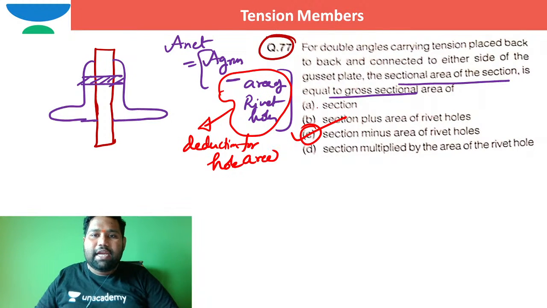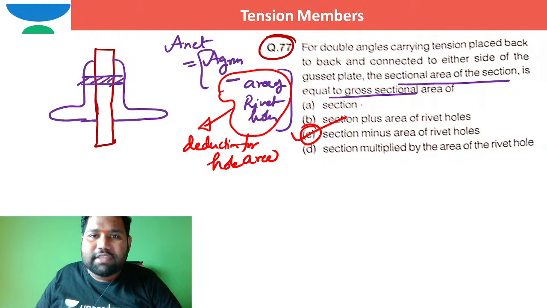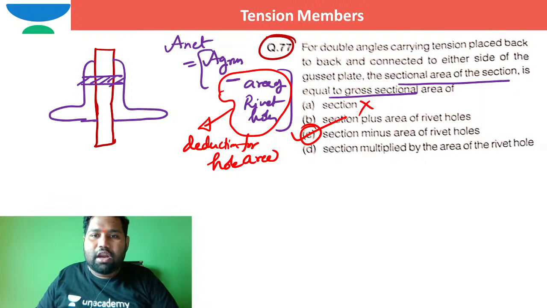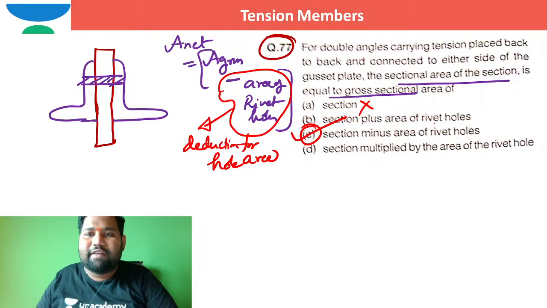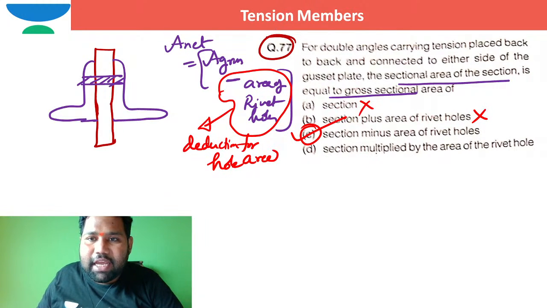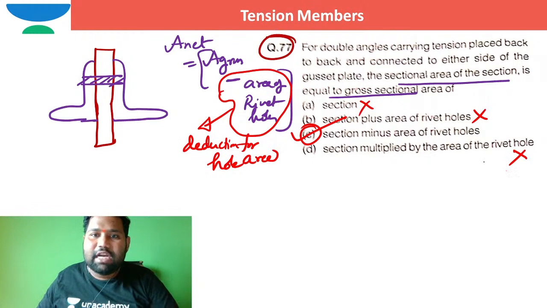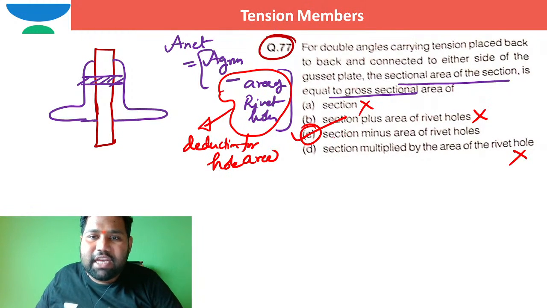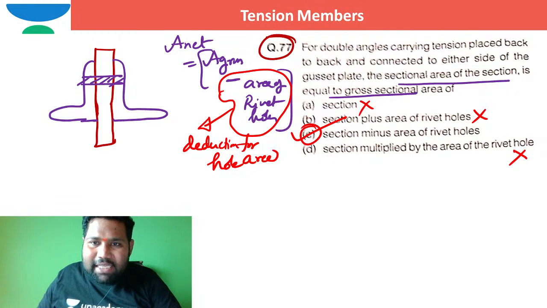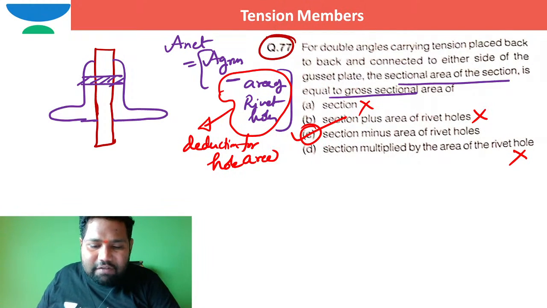Whereas in the other options, it says gross area of the section is net area. No, this is wrong. Gross cross-sectional area plus area of the rivet holes? No, not plus, it is minus. Gross cross-sectional area multiplied by area? No, it is not multiplied. It is gross cross-sectional area of the section minus area of the rivet hole. So directly I can pick option C as the correct option.